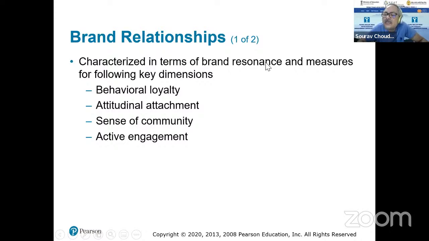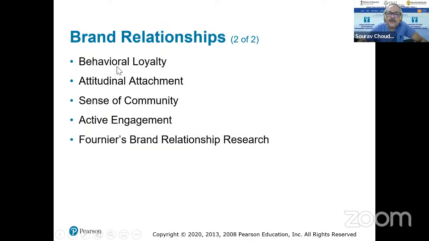Remember, brand resonance was all about loyalty and measures for the following key dimensions. So brand resonance is a measure of loyalty. आपका product brand का कितना loyalty है. ठीक है. So behavioral loyalty is the ultimate one. So engagement, sense of community, attitudinal attachment, and loyalty. Okay. Brand relationship, behavioral loyalty, attitudinal, we got it.